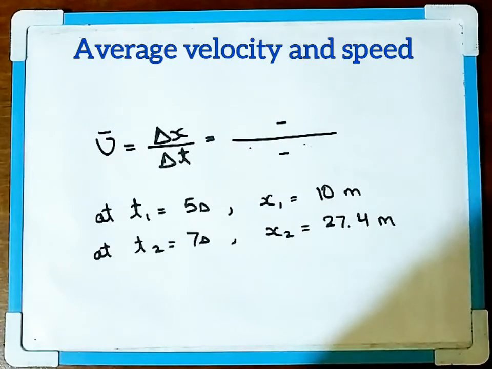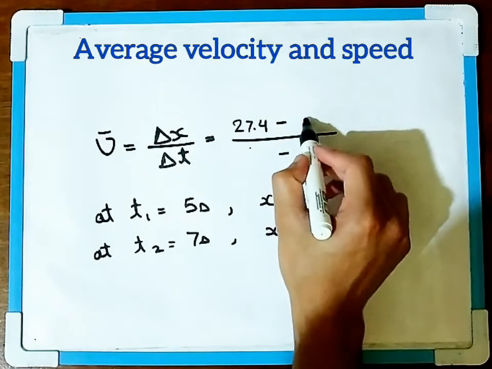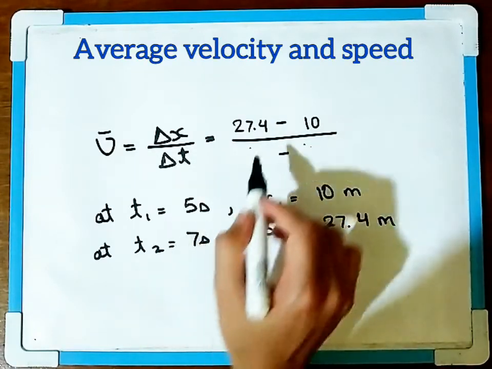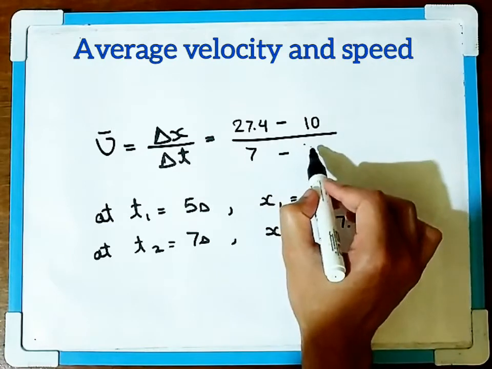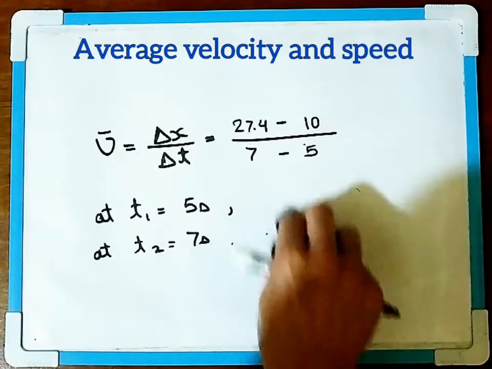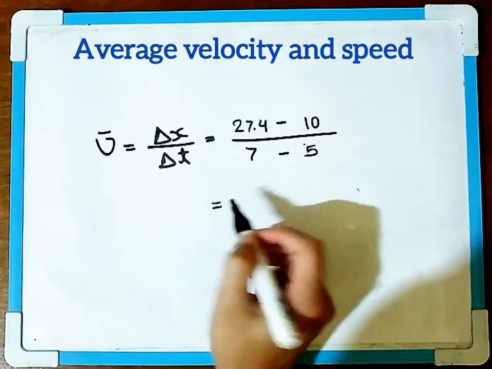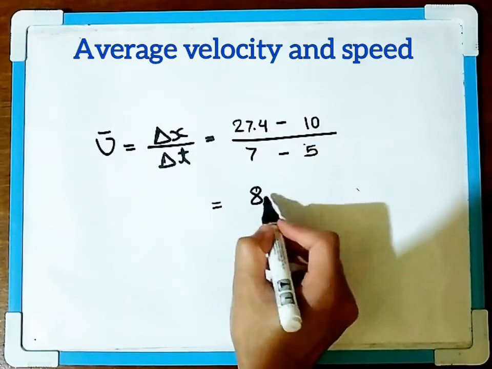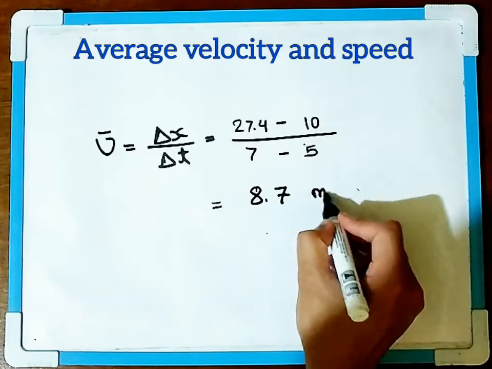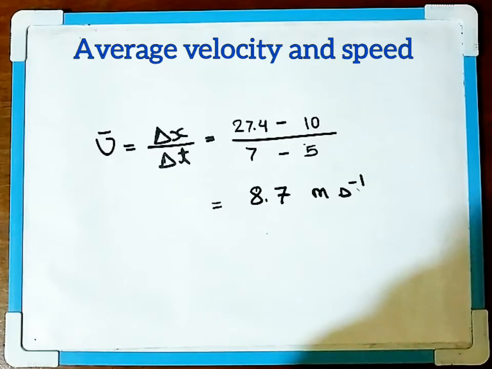So x2 is equal to 27.4, x1 is equal to 10, then t2 is equal to 7, and t1 is equal to 5. So if you calculate this using a calculator, you can get the value of the average velocity, which comes out to be 8.7 meter per second. So this is the average velocity in the time interval 5 second and 7 second.